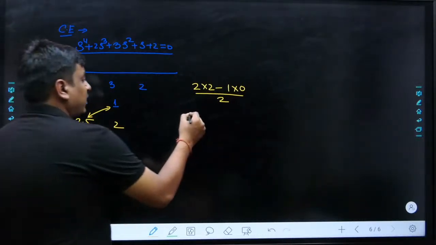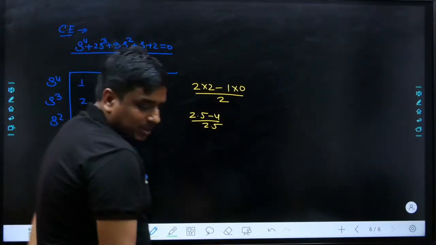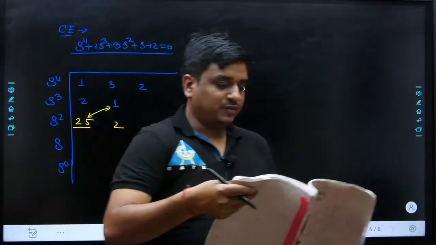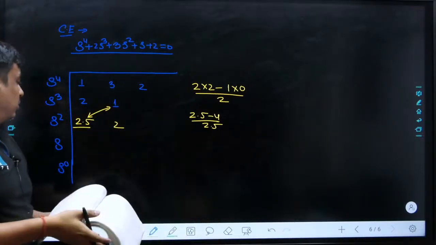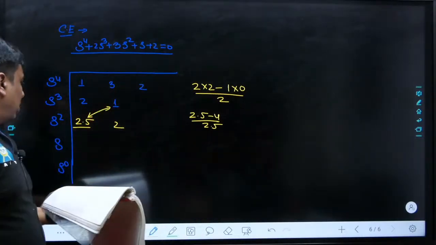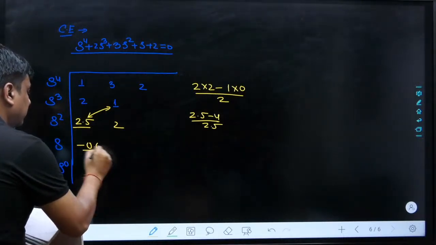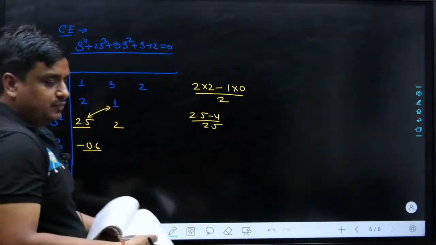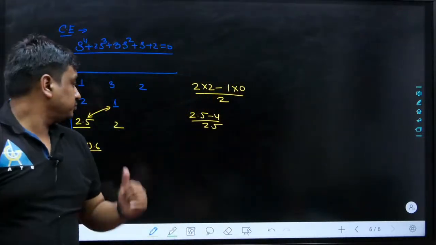So here goes 2.5 minus 4 divided by 2.5. Probably I have calculated the values of each and every entry. So probably this value would be fine. Anyways, the value is negative. How much is it coming, sir? Let me check. It's nothing but 0.6 with a minus sign.